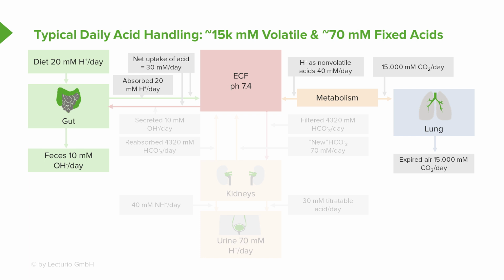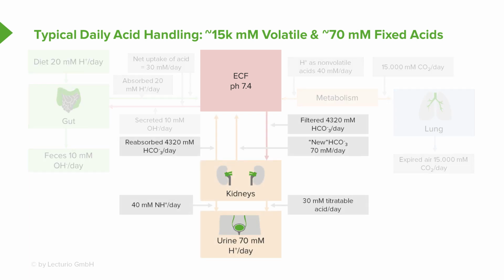And that gives you a sum total of around 70 millimole. You have to deal with that 70 millimole. The only organ system you have to deal with the 70 millimole is the kidneys. You have to work through what to do with that.